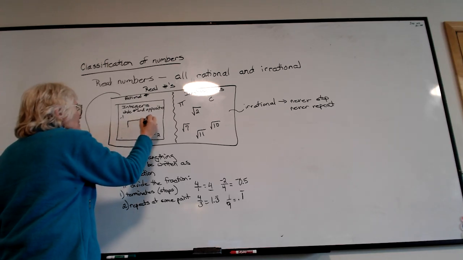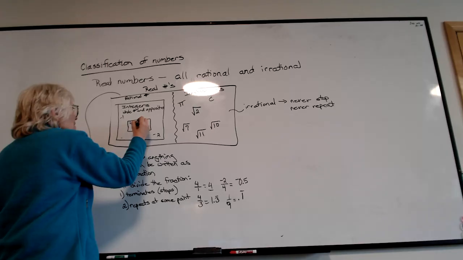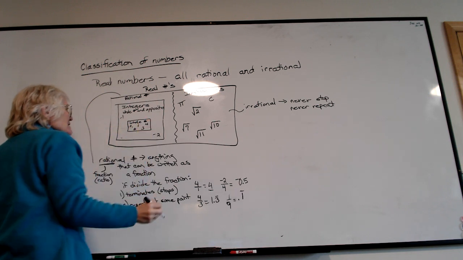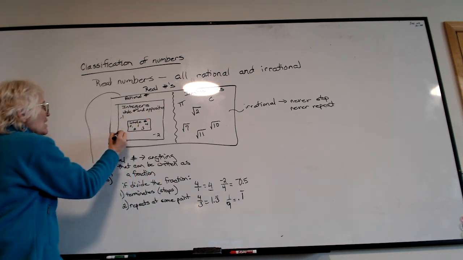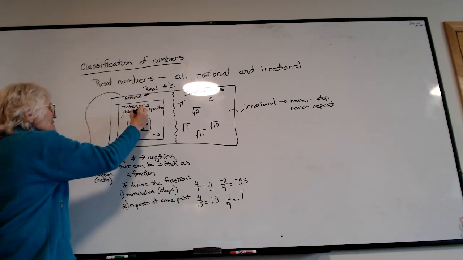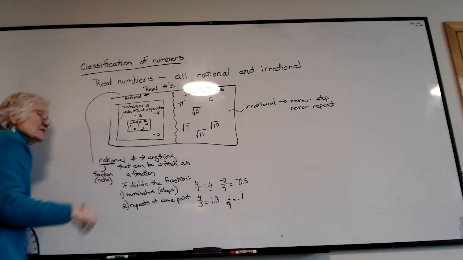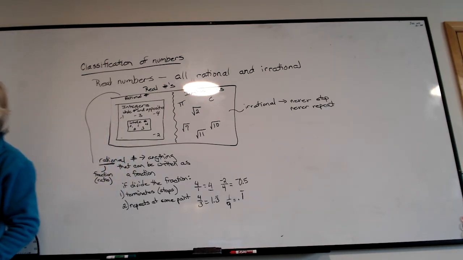Within the integers is the whole numbers, which are 0, 1, 2, 3, 4, etc. The integers have those numbers plus the opposites, which are -1, -2, -3, -4, etc. There's not a -0 though, okay?